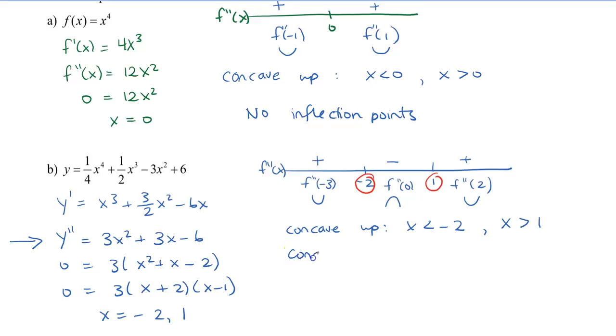And it's concave down from negative 2 to 1. Now, because it changes concavity at negative 2 and 1, negative 2 and 1 are called my inflection points. So inflection points occur at x equal to negative 2 and 1.